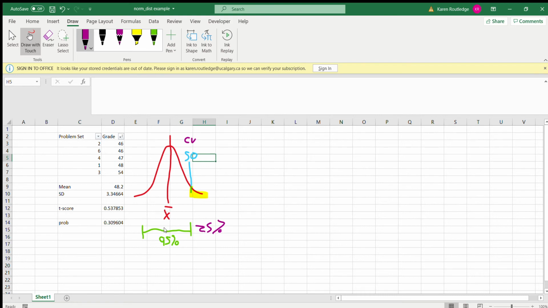So that will extend a certain distance to leave 2.5% of the curve over here, and it'll extend some distance to the left such that 2.5% of the curve is left on the outside, and then 95% of the curve will be in here.